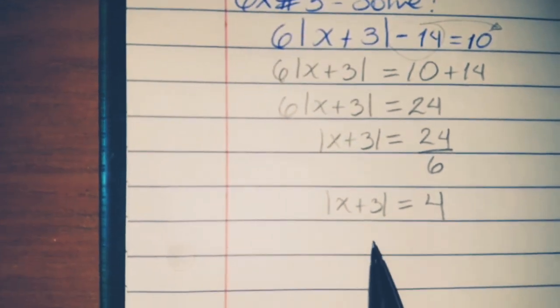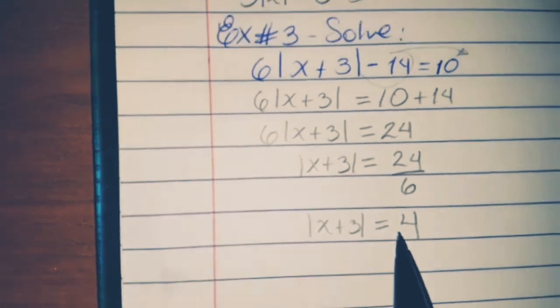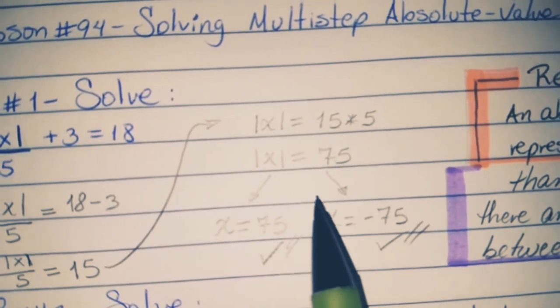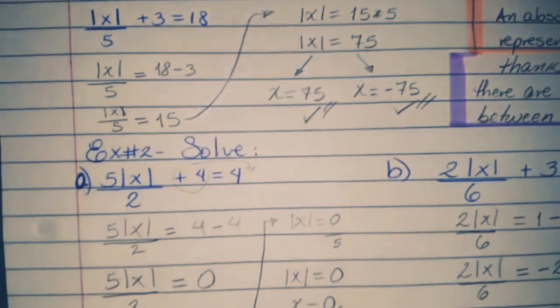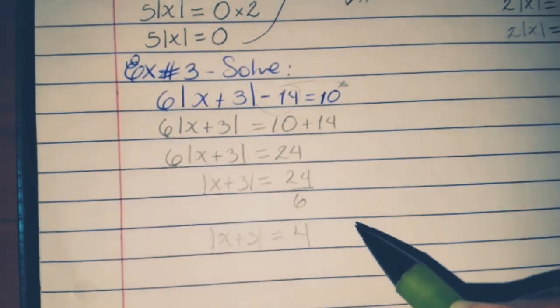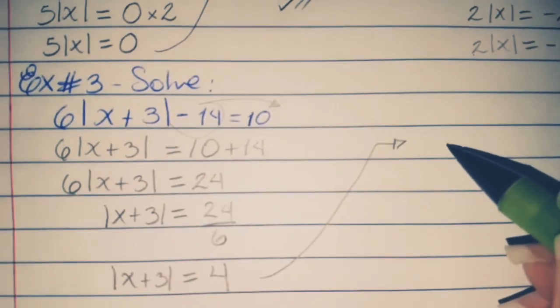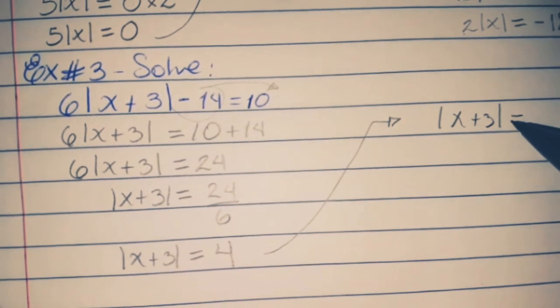Notice that now we have gotten to a point where we have absolute value equals a number. Remember at the beginning when we split the 75 into a positive 75 and a negative 75? That's what we're going to do now here. I'm going to rewrite it here on this side so that I have more space. Absolute value of x plus 3 equals 4.